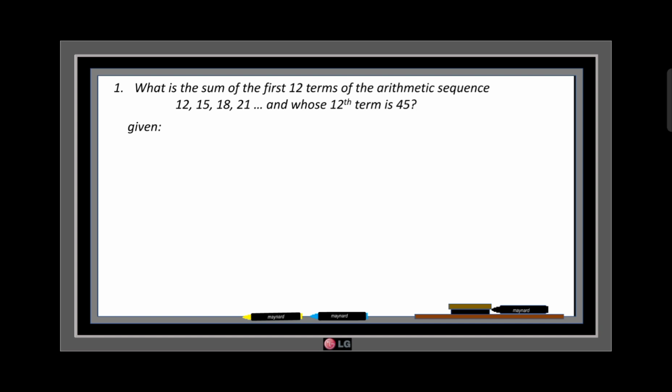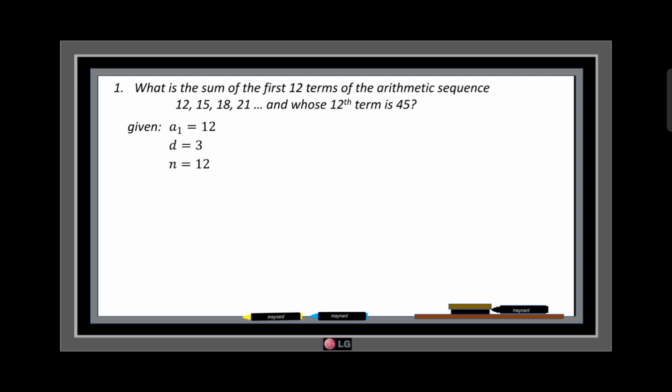Okay, so let us write now down the given. Ang a sub 1 natin, base dun sa nakikita natin, is 12. And then, yung difference nila, o yung common difference, makukuha yun by subtracting consecutive terms. So, 15 minus 12 is 3. And then, ang n natin is equal to 12.